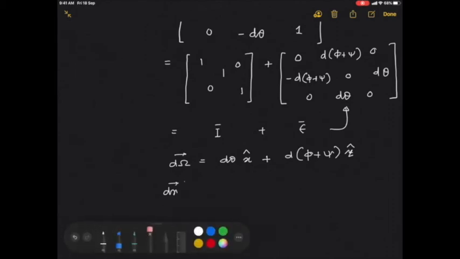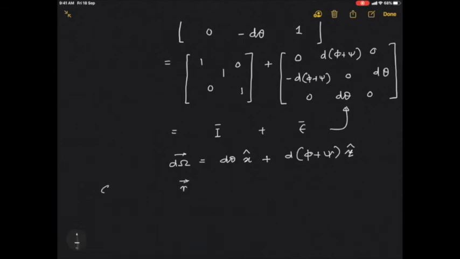It's easy to check. How do you check? What you do is you calculate r prime in terms of r in this way.